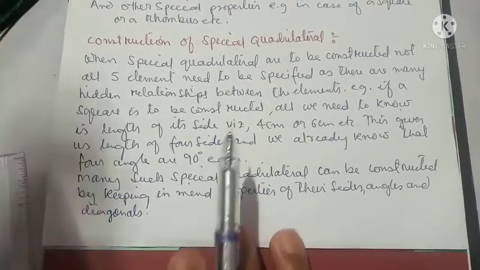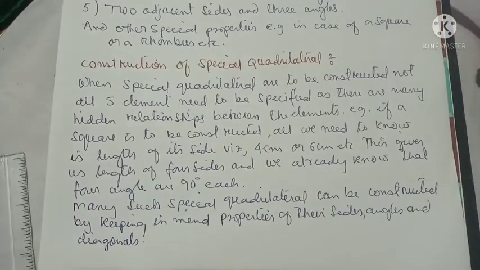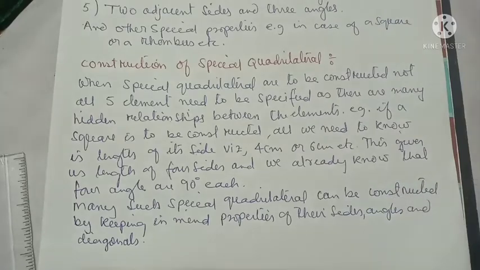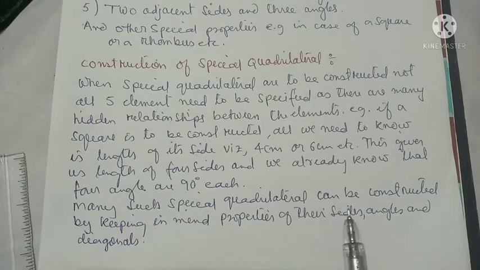Many such special quadrilaterals can be constructed by keeping in mind the properties of their sides, angles and diagonals. It means that besides these five measurements, for the construction of special quadrilaterals there are a few shapes that we can draw by using their properties. In the case of a square, if we know all the sides and all the angles, then we can construct it very easily.